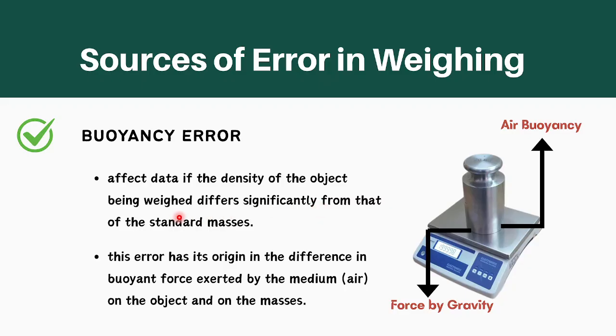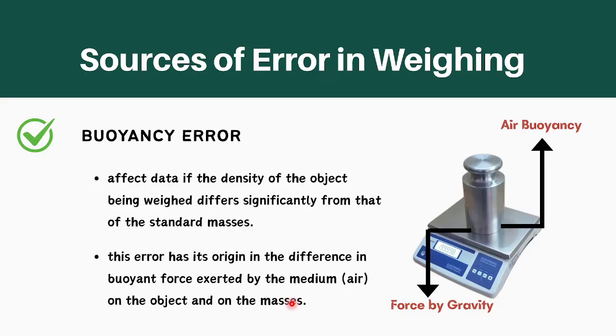So, naiklahian sa density sa object nga gitimbang and sa standard mass. And so, where does this error come from? Now, this error has its origin in the difference in the buoyant force exerted by the medium, which is the air, on the object and on the masses.